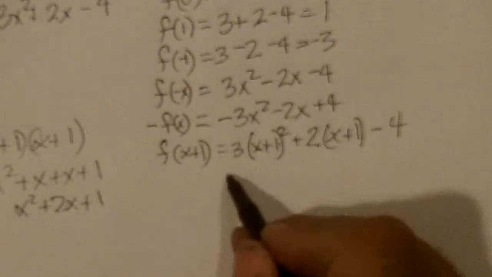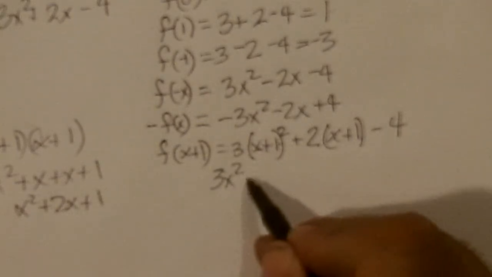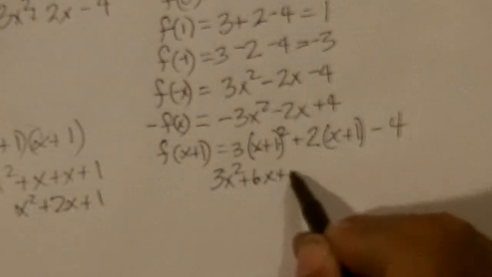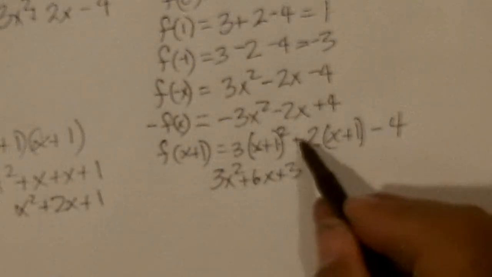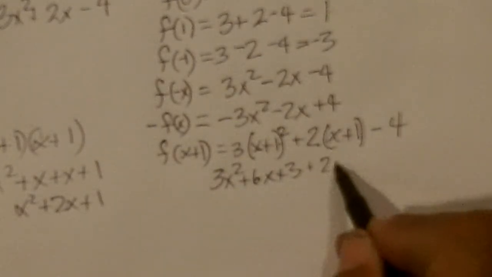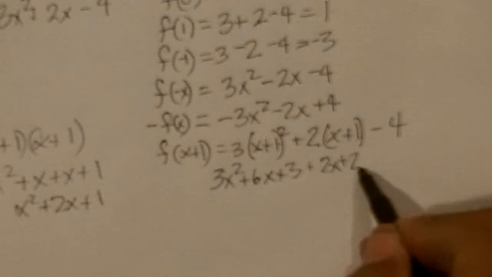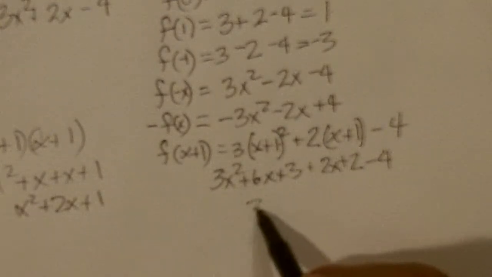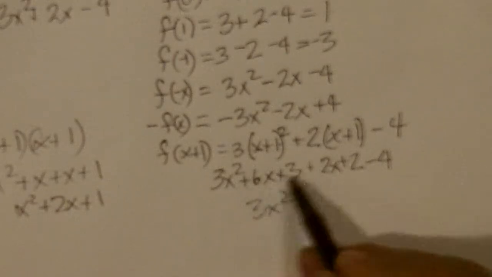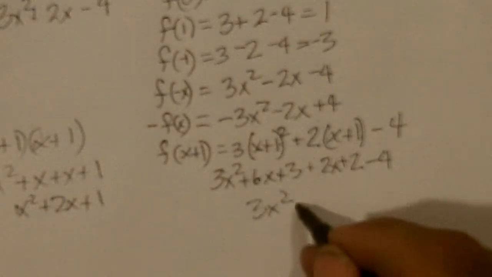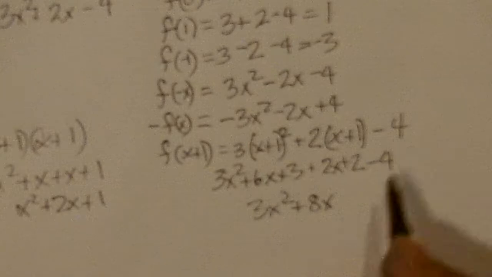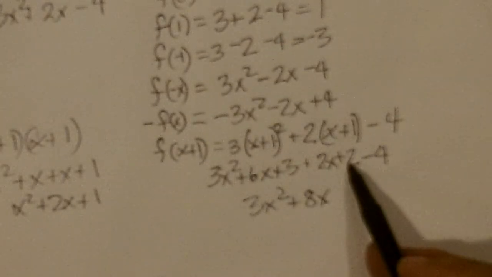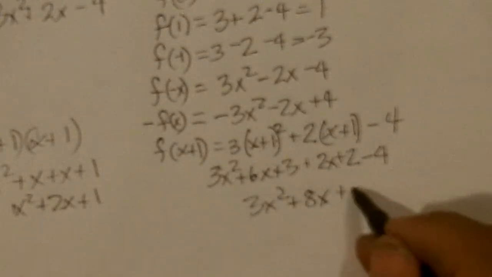That times 3 is 3x squared plus 6x plus 3 plus 2x plus 2 minus 4, which is 3x squared. 6x and 2x is plus 8x, plus 3 plus 2 is 5, minus 4 is plus 1.